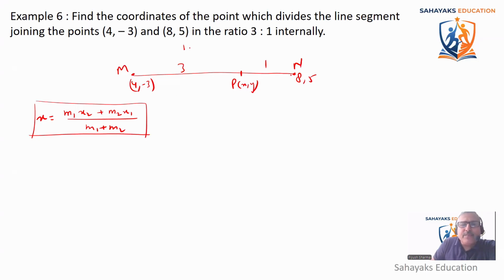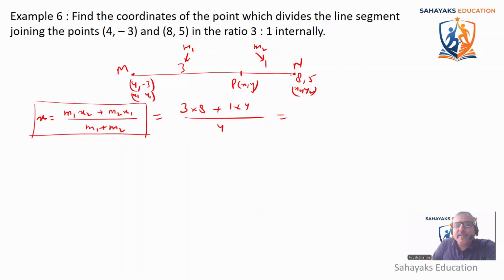So this is M1, this is M2. And this is X1, Y1, and this is X2, Y2. These are the points. So now it is easy to find. Let's say x is equal to how much? M1 x2, that means 3 into 8, plus M2 x1, that is 1 into 4, divided by 1 plus 3 is 4.